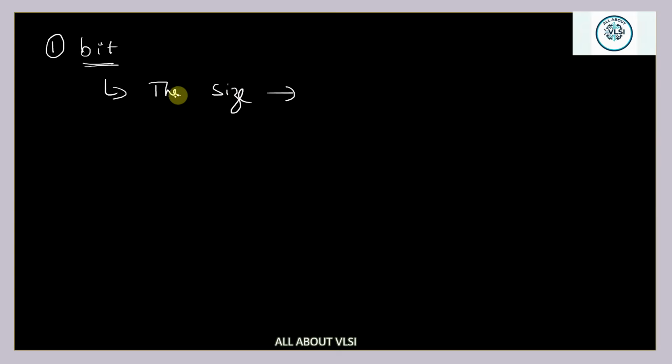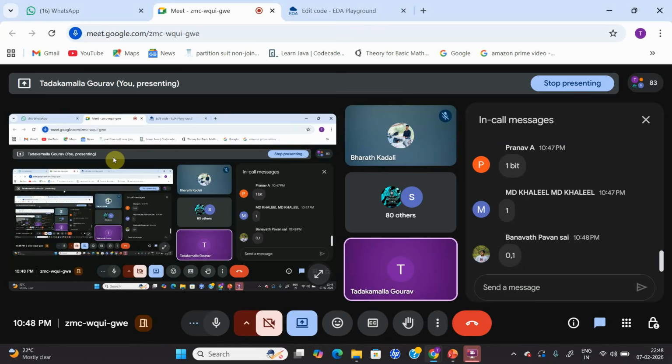So this bit is basically one bit, as the name itself suggests, right? So it can hold only either 0 or 1. Now my next question is whether it is signed or unsigned. What do you think?